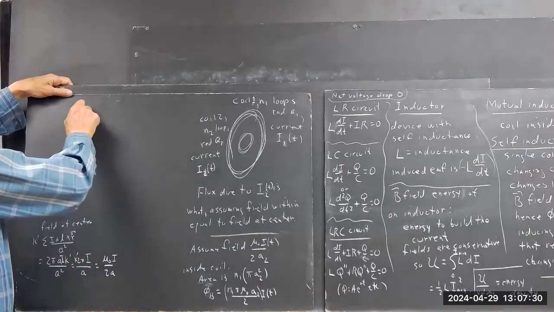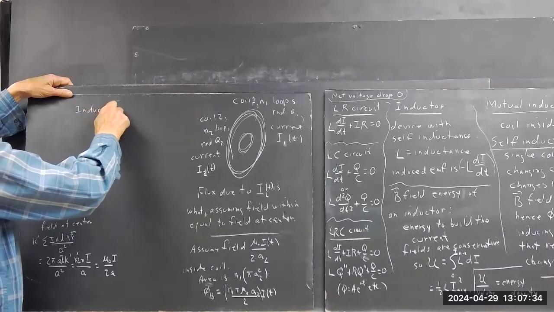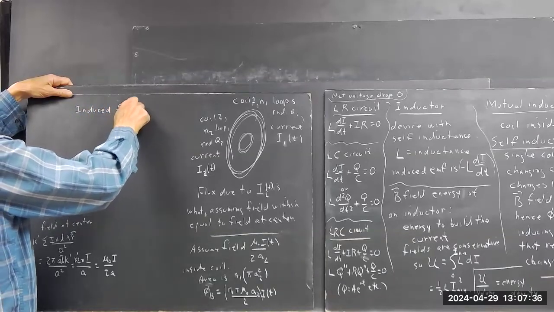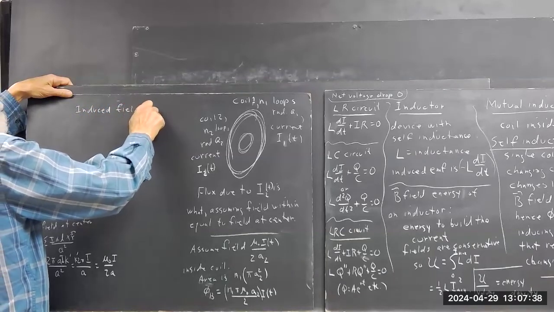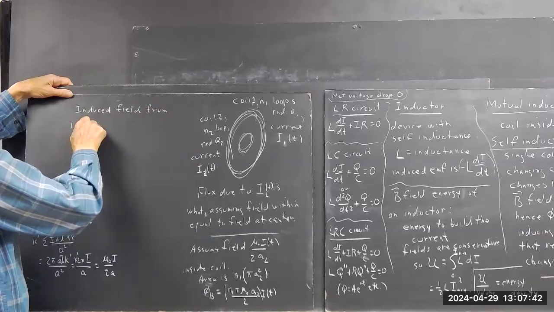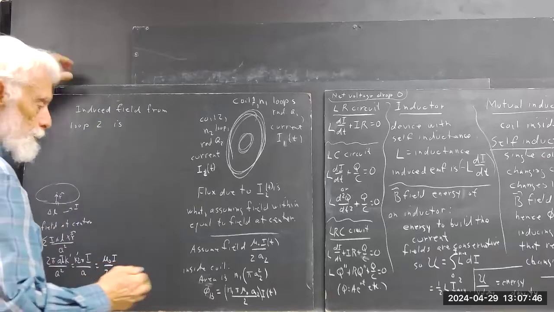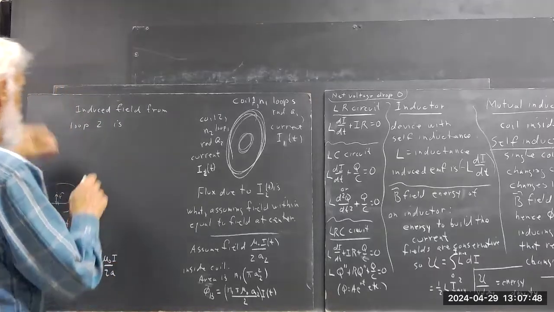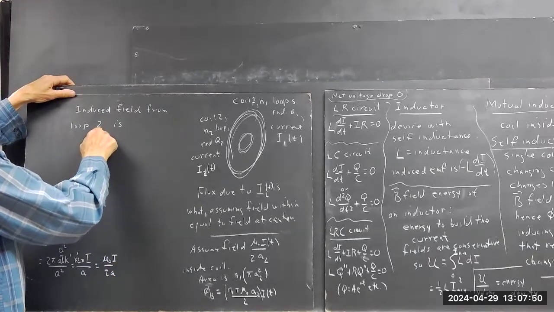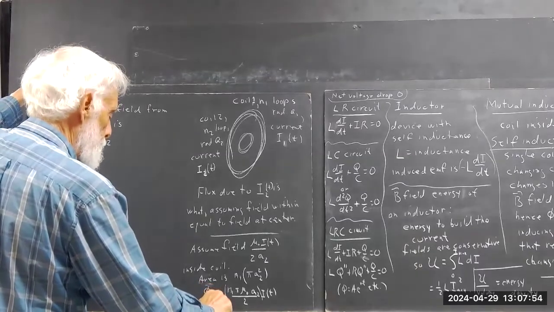Well, then the induced field from loop 2 is, and let's put a 2 on it.